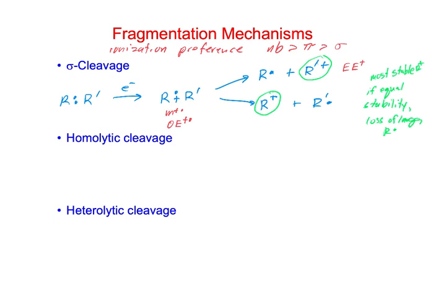We saw more cleavages in the middle and losses of bigger radicals. But it's all competitive, and so we'll see a whole bunch of different ions. We don't just see a single one.